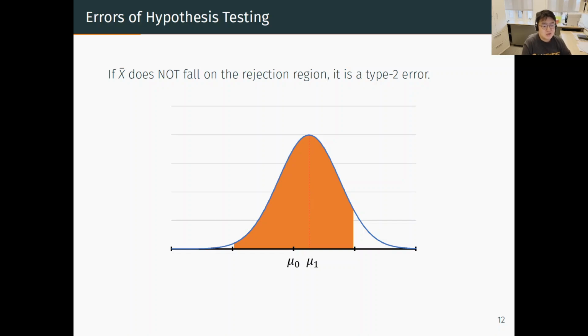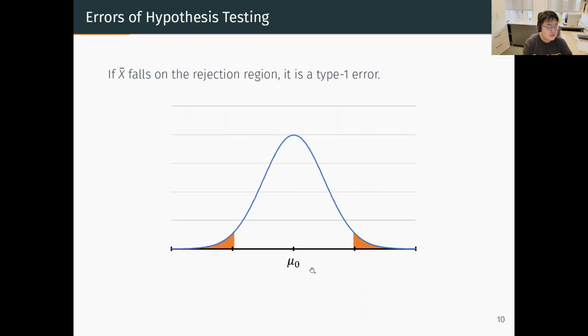What we are going to do in the first half of this chapter is calculate this probability. The area here is the probability of type 2 error when the truth was actually mu1. Similarly, we can calculate the type 1 error probability, which is these tail probabilities. It is a little confusing because you have to think about your hypothesis, your data, and the truth separately.